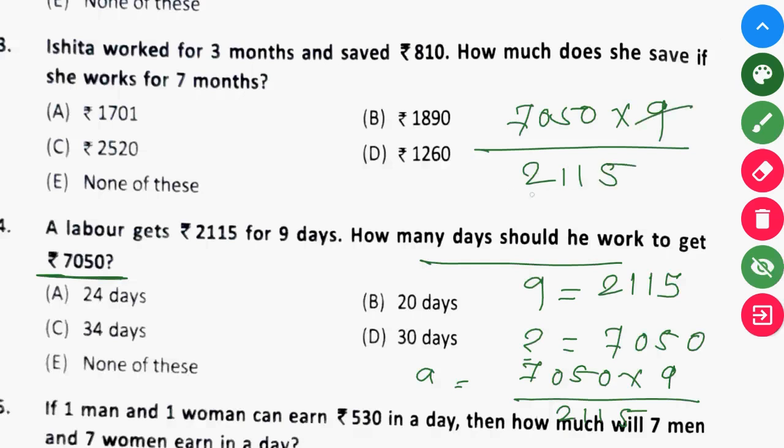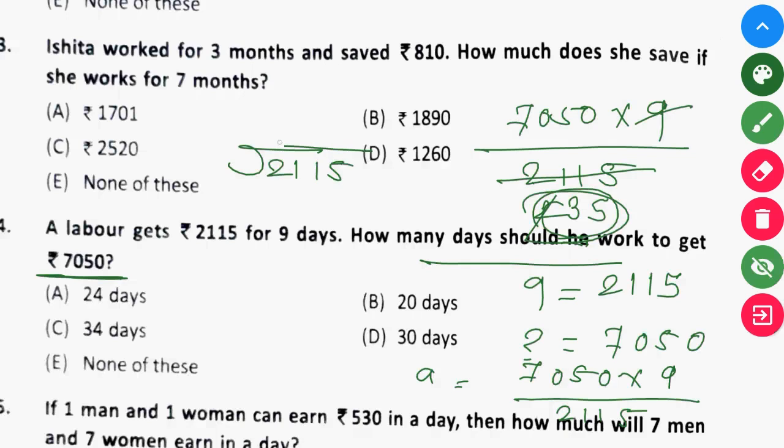9 2s are 18, 3 will be the remainder, 1 will come down, 9 3s are 27, 4 will be the remainder and 5 will come down, so it becomes 45. So the answer is 235 if we divide 2115 by 9. So in 1 day he will earn 235 rupees labor charges.